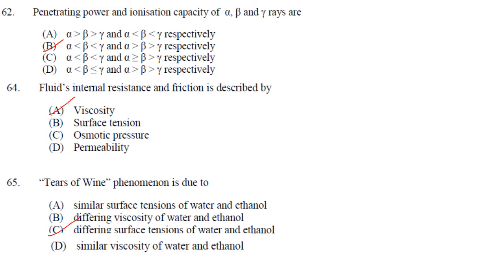And ionization in the case of alpha radiation is very high, intermediate for beta, and very low for gamma. So option B again, alpha greater than beta greater than gamma. So answer is option B.